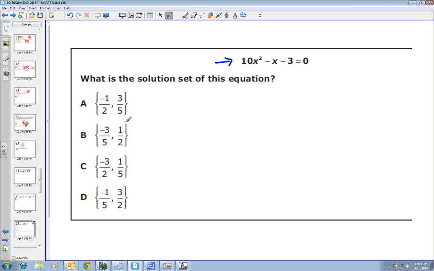Well, it's going to be kind of hard to tell when I graph it if it crosses at 3/5, right? So I'm going to put this in my y equals, and then I'm going to go to my table. Now, the other thing I could do is plug and chug, just like we did the other ones. But a lot of times you guys don't like dealing with fractions, okay? So I'm going to show you the calculator way first.